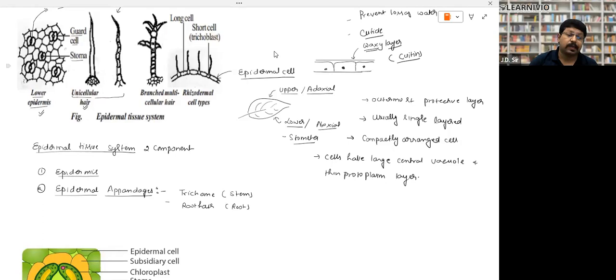Full stop. It is a waxy substance which prevents loss of water, right?